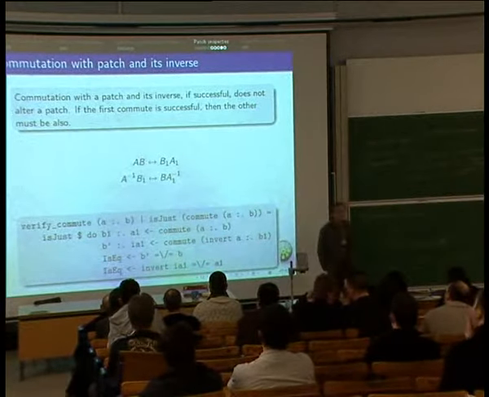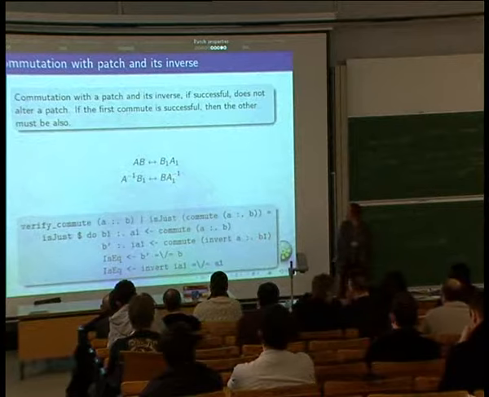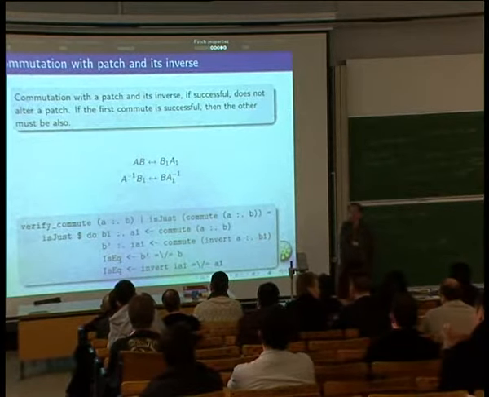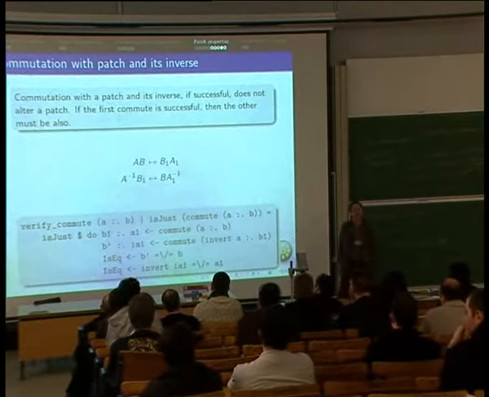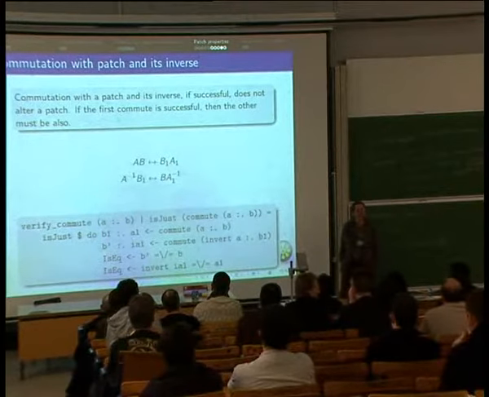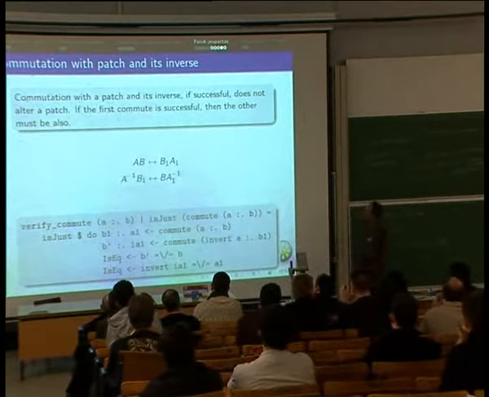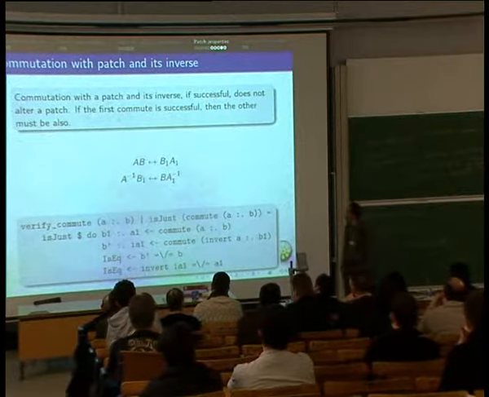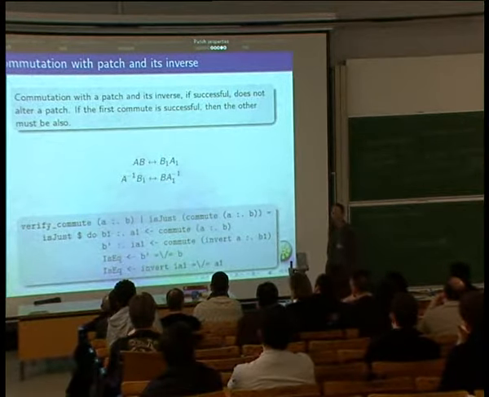This is a very important property which seems obvious and is usually true if you just use your intuition to write commutation code, but actually is violated in the presence of conflicts by the current version of Darcs.